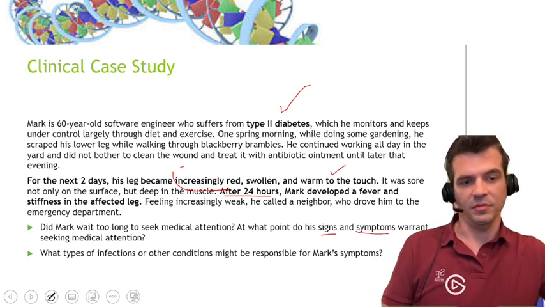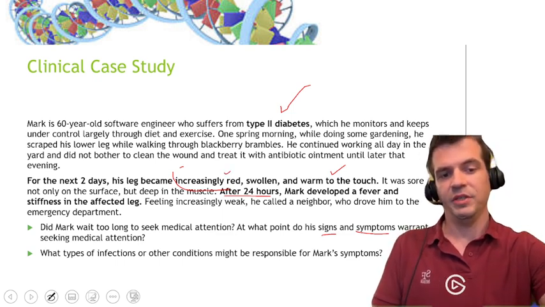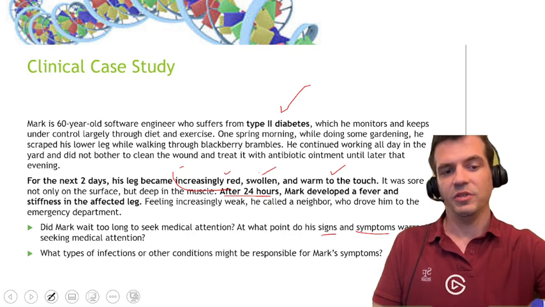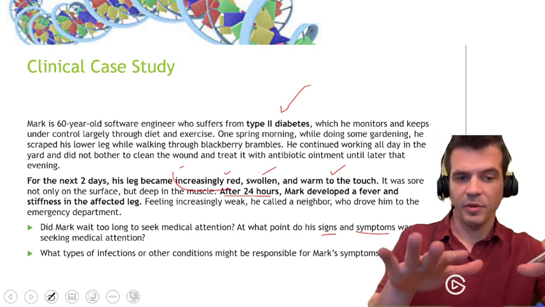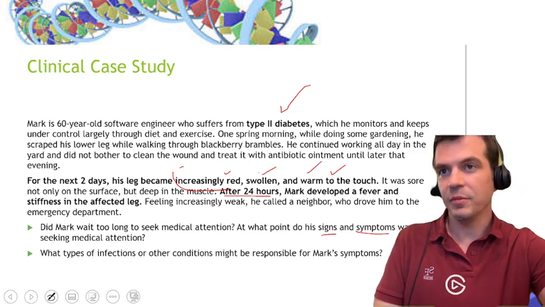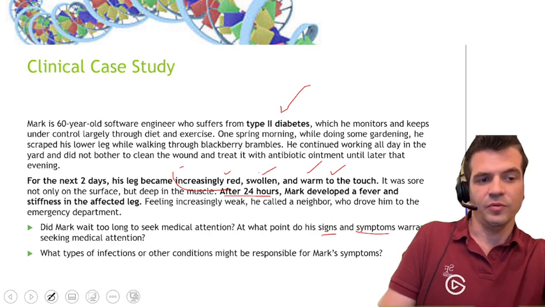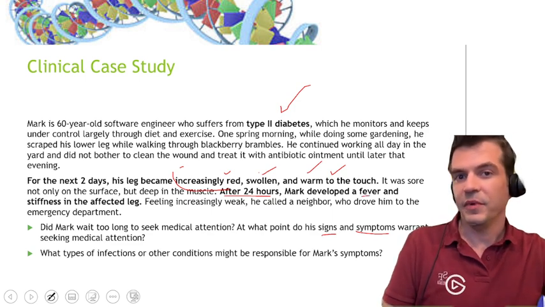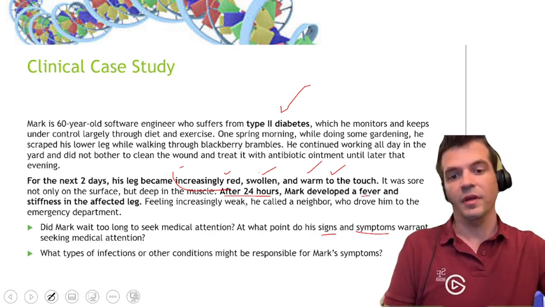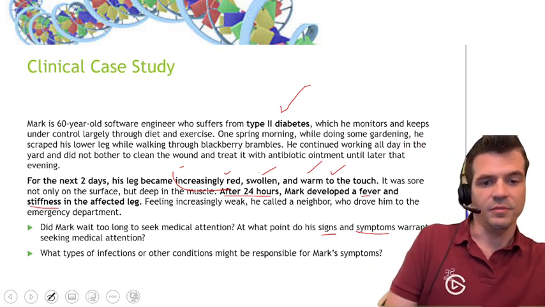Those would be symptoms. Because everything else we can measure. We can measure the redness, measure how much it's swollen up, compare it to the other leg even, and even feel the temperature of the leg. We can also measure the temperature of fever. So the stiffness in the leg would be a symptom.